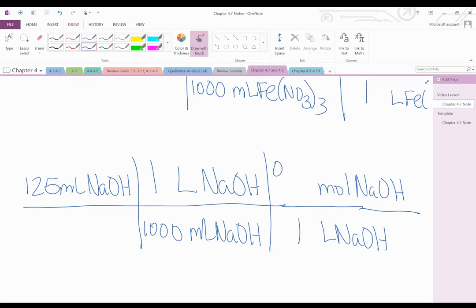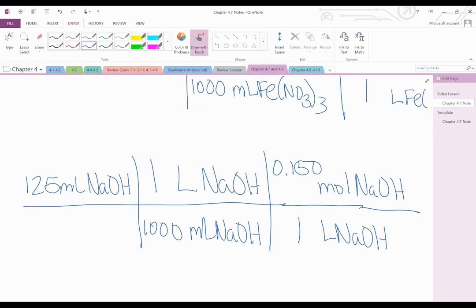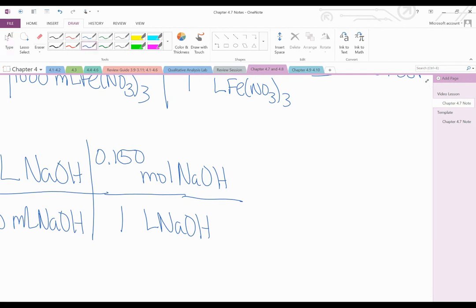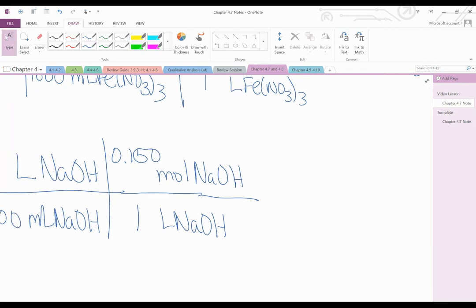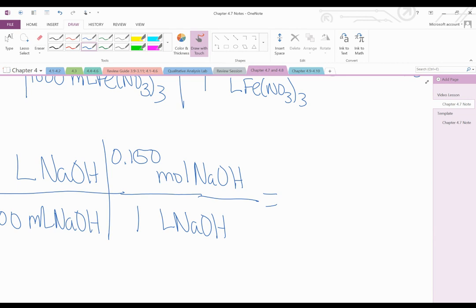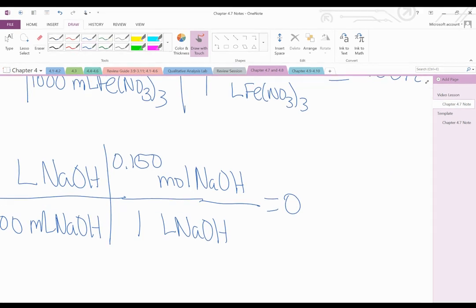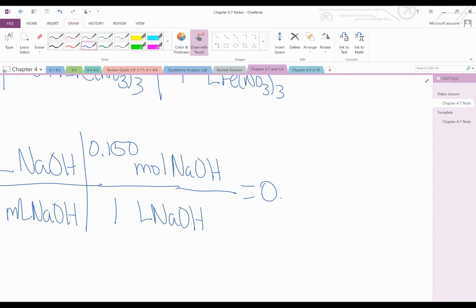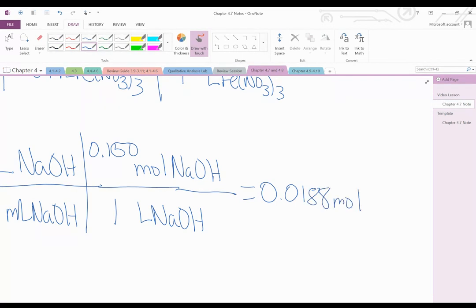This was a 0.150 molar solution of sodium hydroxide. So when I do that calculation, I have 0.0188 moles of sodium hydroxide.